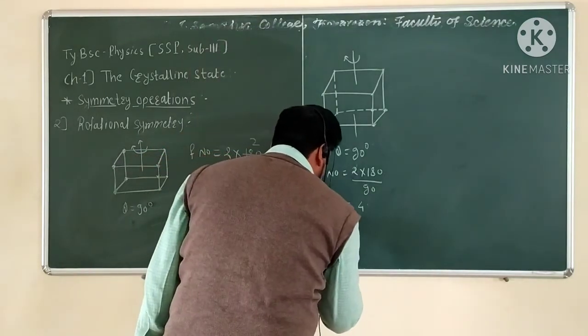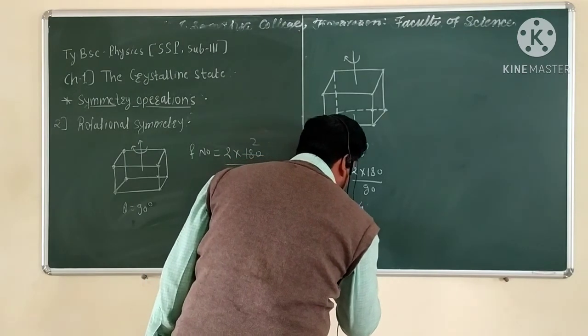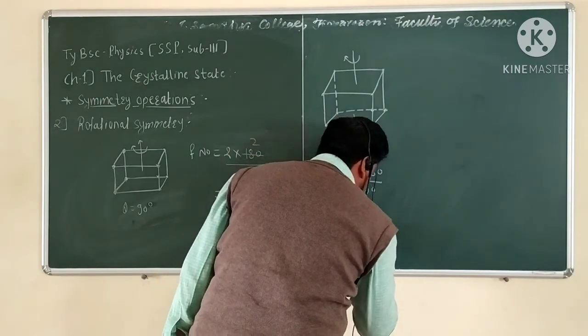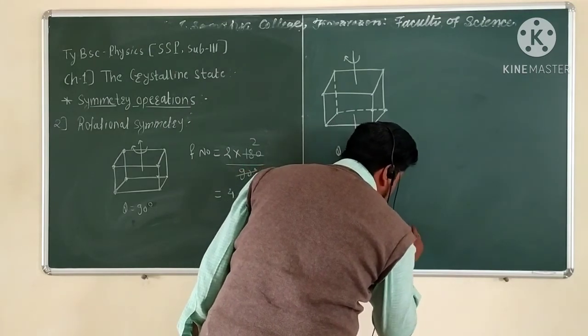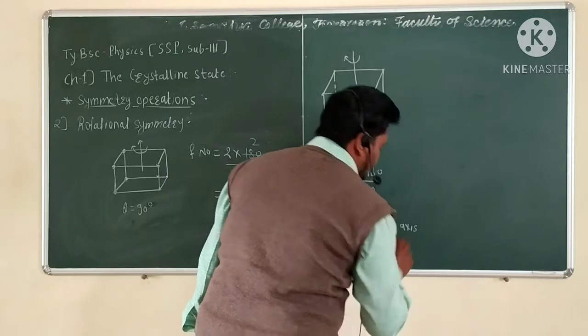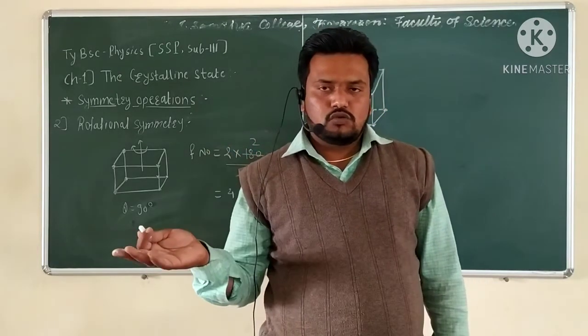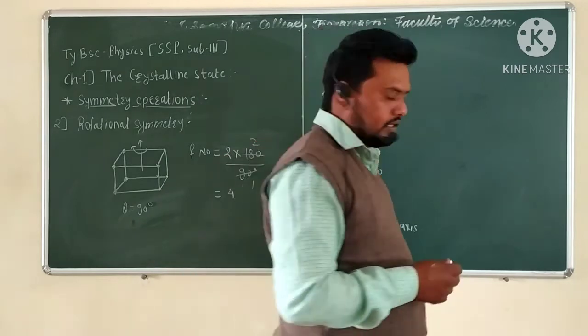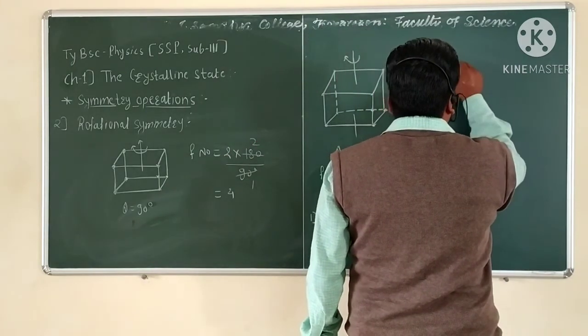That first figure is the four-fold rotation axis. Okay, and if this cube is rotated by 120 degrees, how does the structure look?